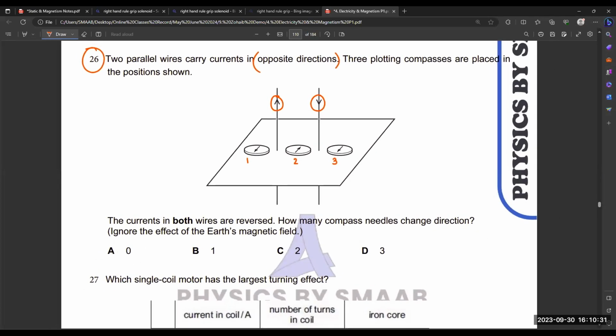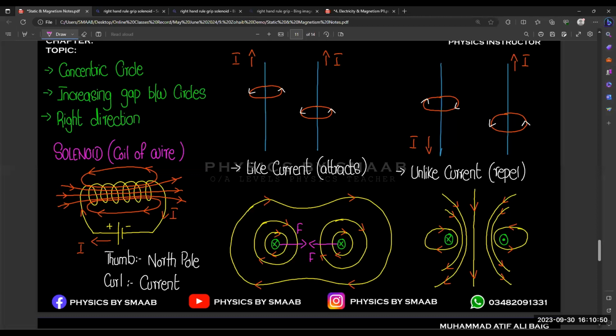Okay, so basically when the current moves in opposite direction, there will be force of repulsion. Again, think about this diagram, right?